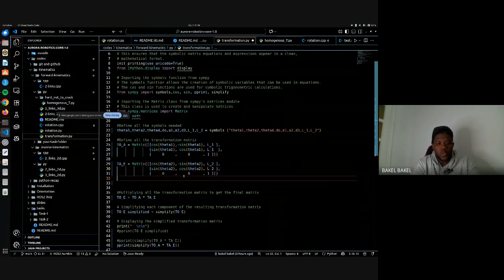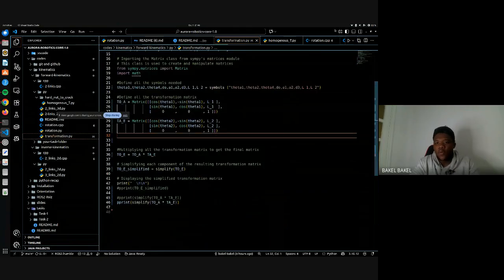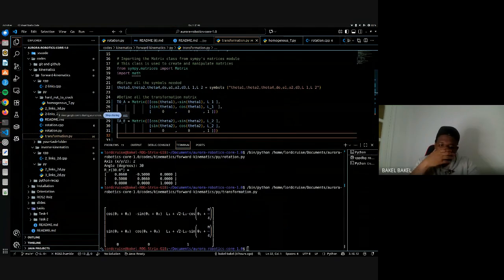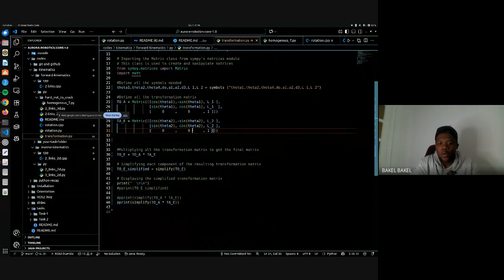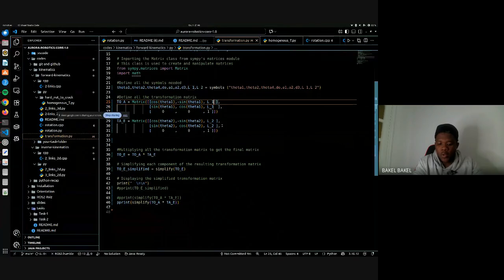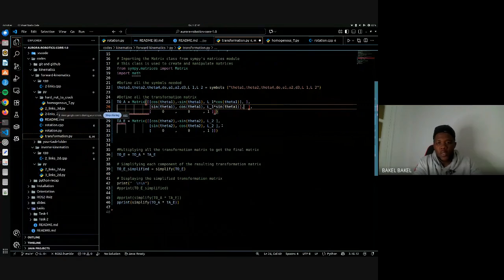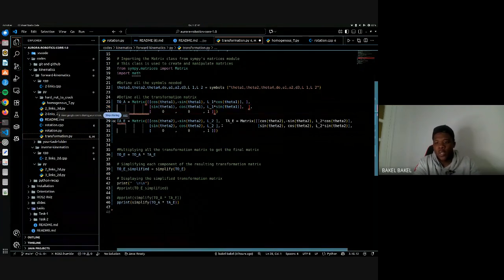I want to see what this should give me if I run this code. Okay, it attempts to give me a transformation matrix based on the inputs that I give. Oh, my transformation matrix was this. Can I multiply by cos theta 1? Then this multiplied by sine theta 1, because that was what we used in actuality. And then cos and sine theta 2.